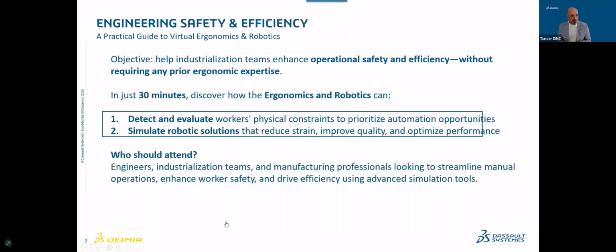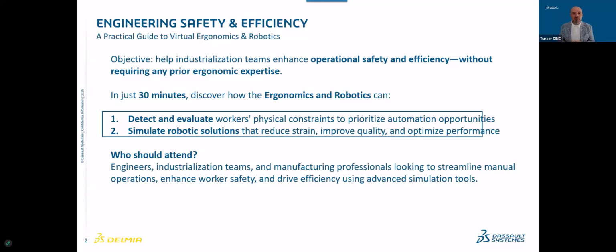Okay, so what we want to talk about is detecting and evaluating workers' physical constraints to prioritize automation opportunities. You will see in this part of the presentation how we are doing an ergonomic study in a plant layout environment, thanks to the integration of our solutions from plant layout to ergonomics to robotics.